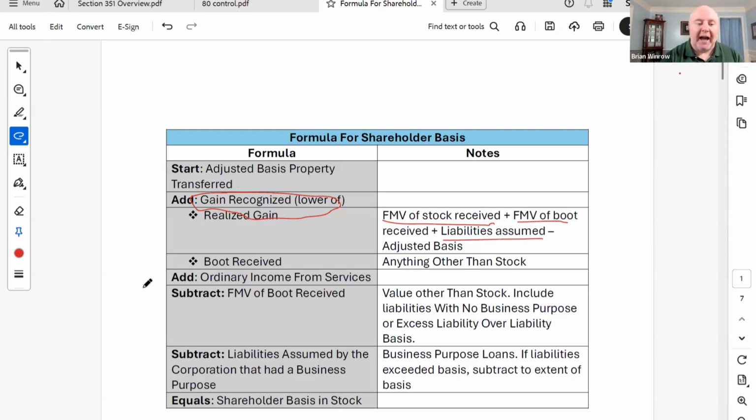And all of these where we're adding them back in is to make sure that any time we're having to recognize gain, whether it's ordinary income from services or because of boot received, we may have to pay taxes on boot received or the realized gain, or to get to recognized gain. So if we're recognizing it for tax purposes, we want to increase our basis.